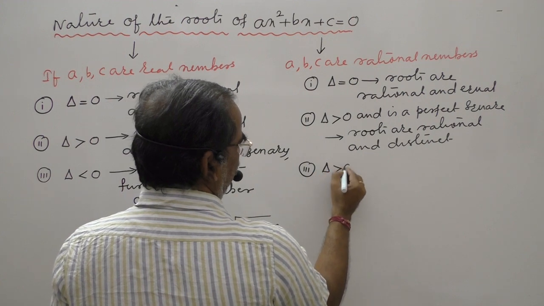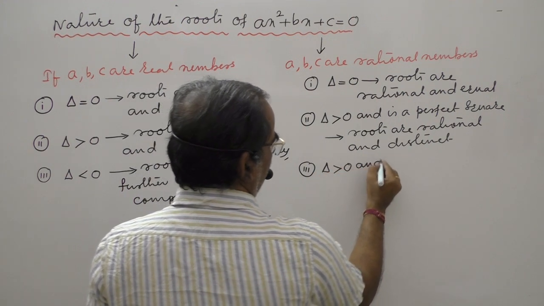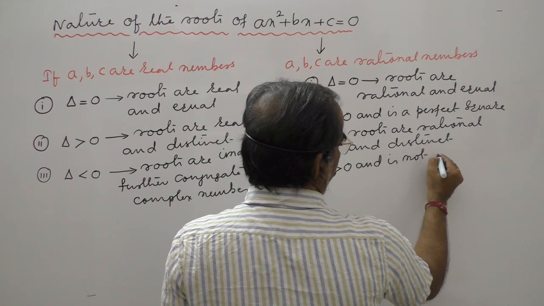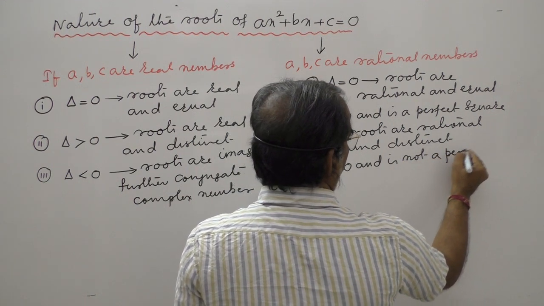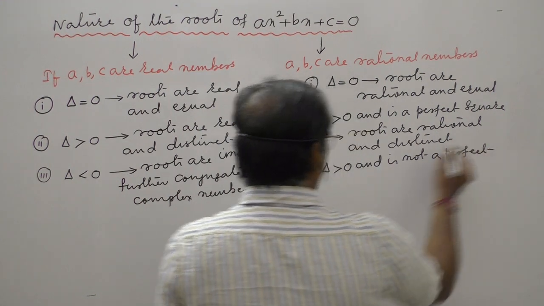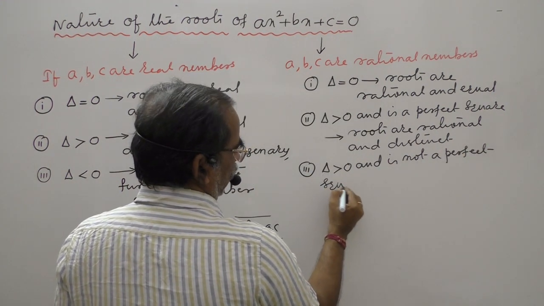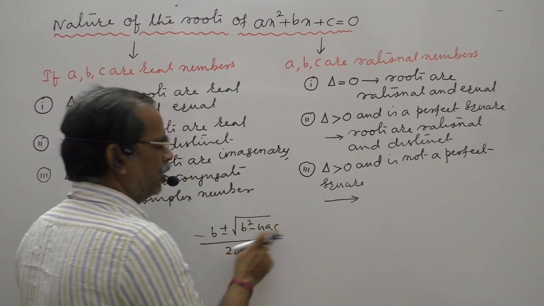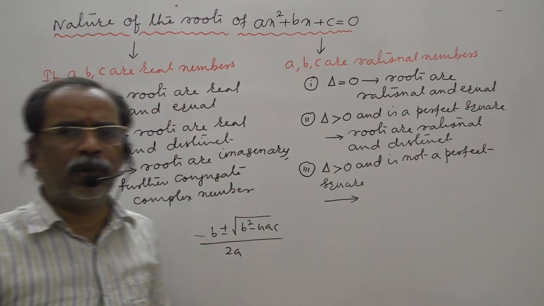Next, number 3. If delta is greater than 0 and is not a perfect square, it is not a perfect square means this value is positive, but it is not a perfect square.